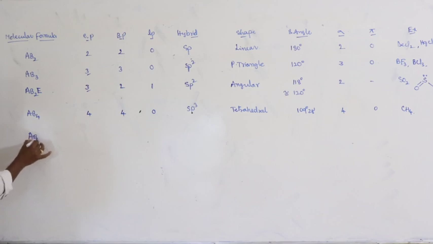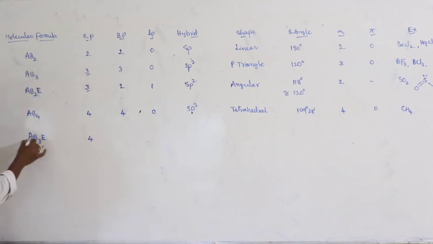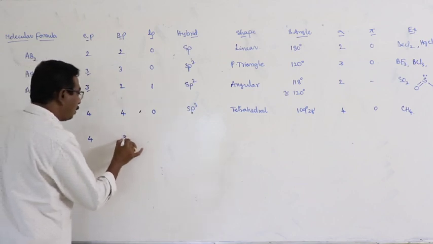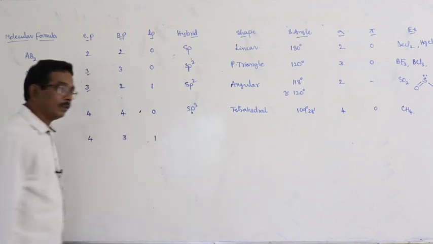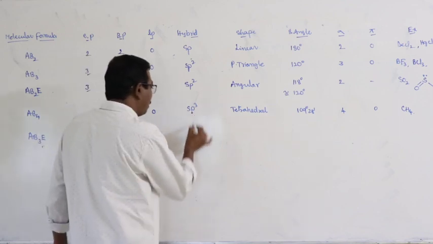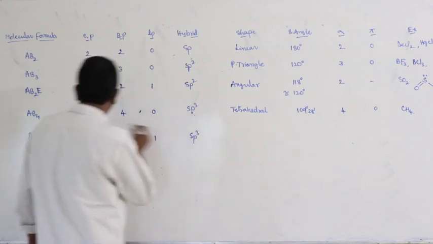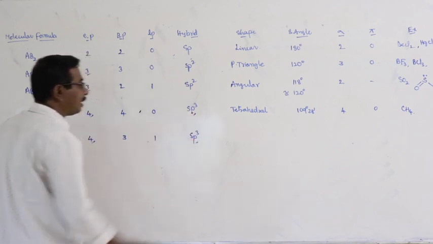AB4 can be given as AB3E. Number of electron pairs 4 total. Number of bond pairs 3. Number of lone pairs 1. A popular example, ammonia. Type of hybridization, no change. Why? Electron pairs 4, so the type of hybridization remains the same.